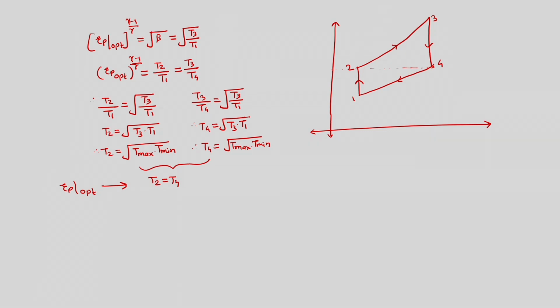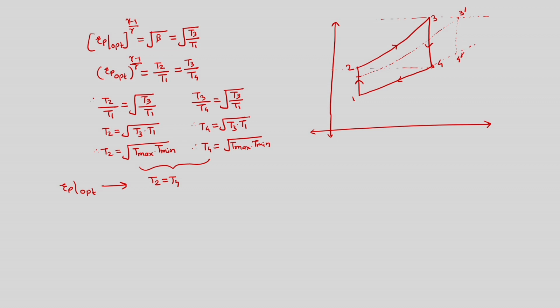If we have the pressure ratio lower than Rp optimum, then in that case we will go like this after compression, and let us assume that T max is same, so we have to go till here and then we will come back and we will have some R dash, and then this is still 3 dash which will have same temperature.